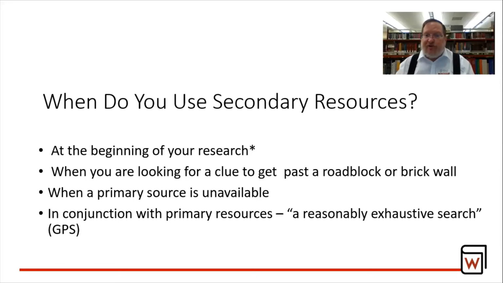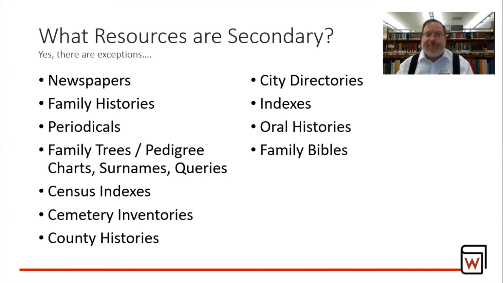When you're looking for a clue to get past a certain roadblock, secondary sources sometimes give you that place or that time or that name that you didn't know about before, especially when there's not a primary source available to you. And you use them in conjunction with primary resources, that reasonable exhaustive search that we talked about, the genealogical proof standard.